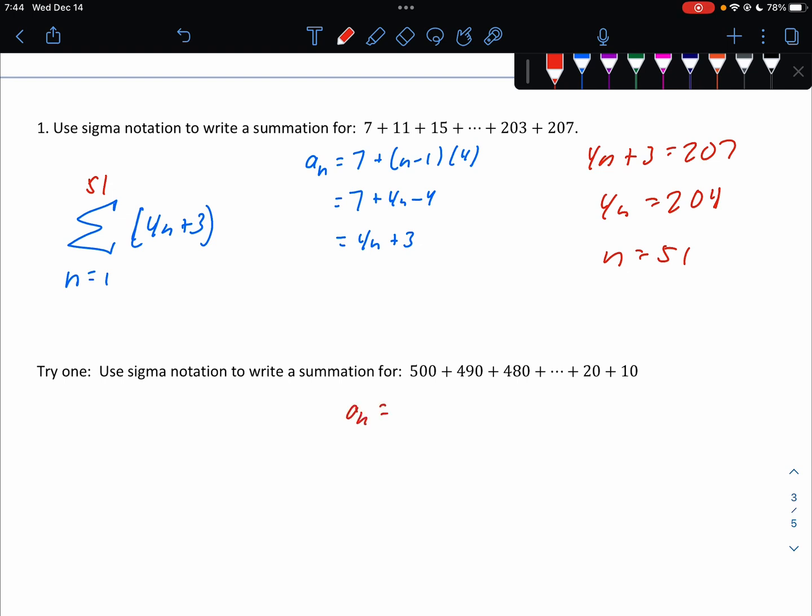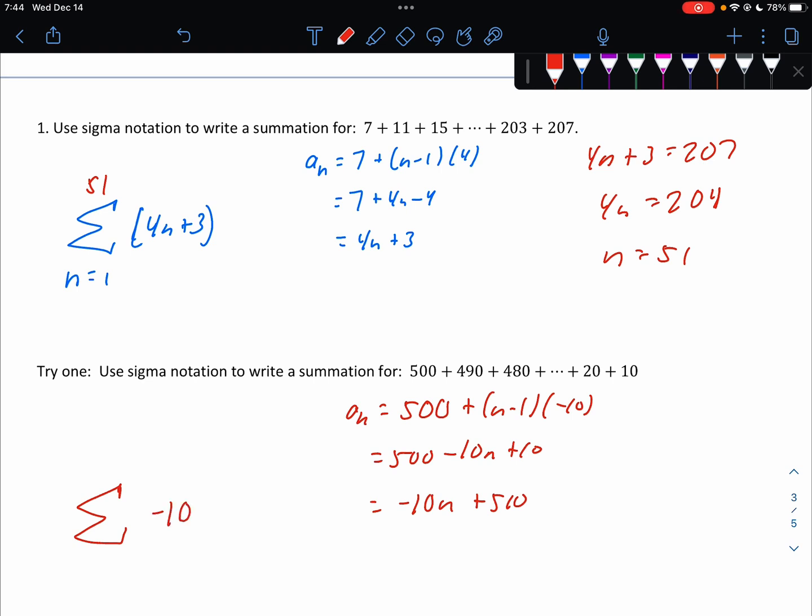All right, first the nth term. It'll be 500 plus n minus 1 times negative 10, which is 500 minus 10n plus 10, which is negative 10n plus 510. So my sigma notation is going to be negative 10n plus 510, starting at 1.